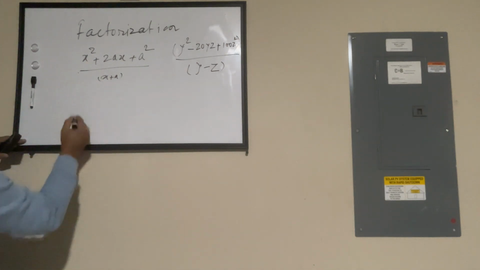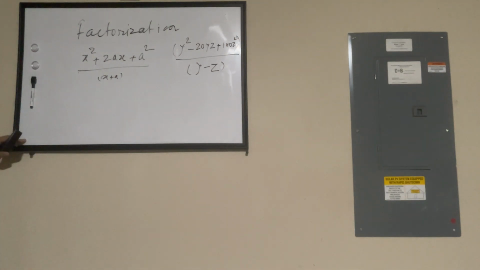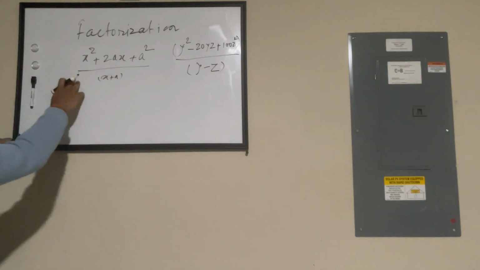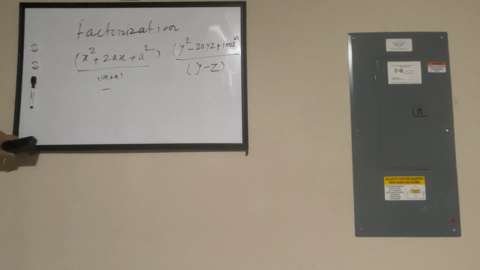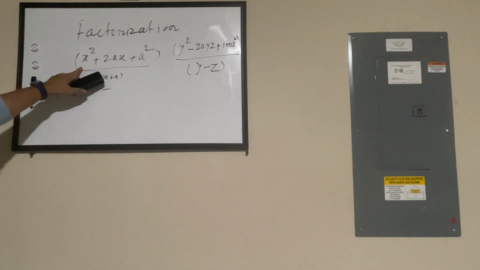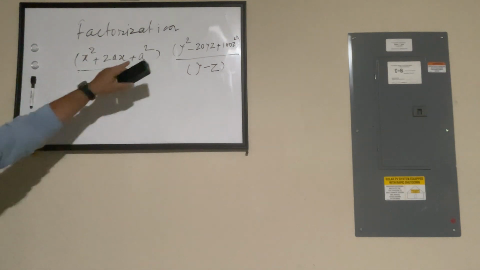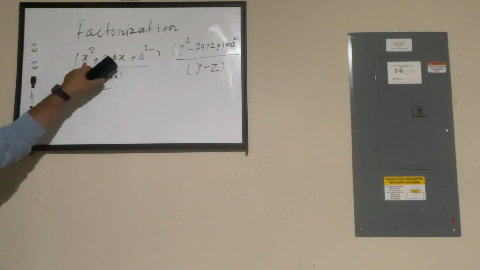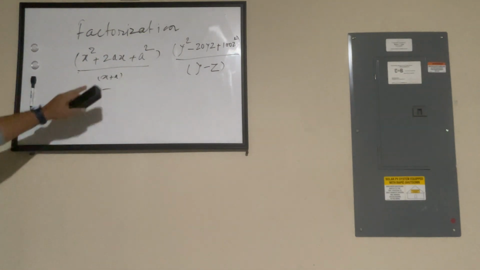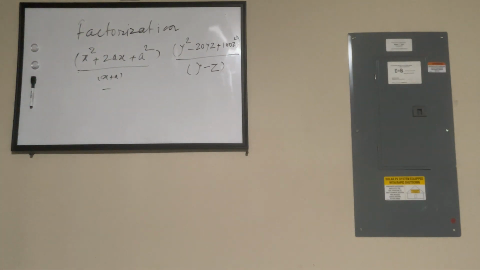Now here, if I have to do this, what will be my approach? I will read this question. Somebody says to find out the value of this divided by this. I will look at this and try, what do I see? I see something squared plus something squared plus 2 into something into something.